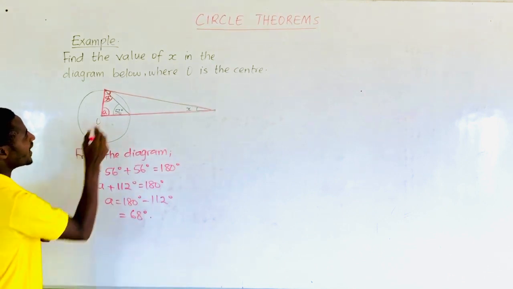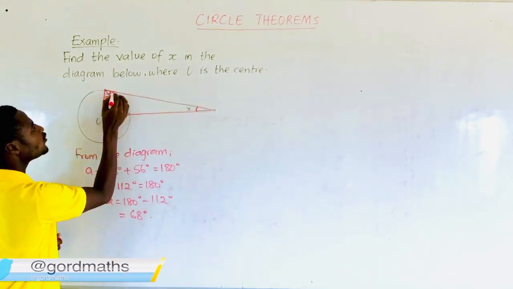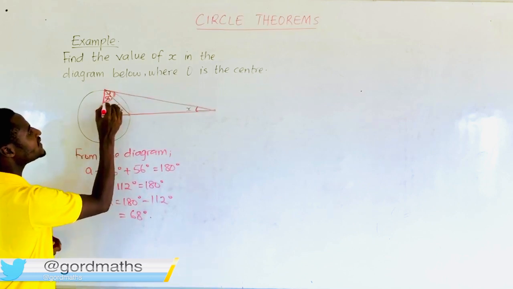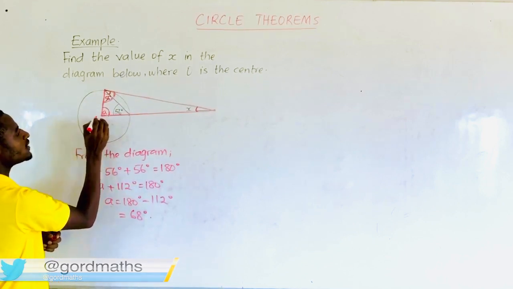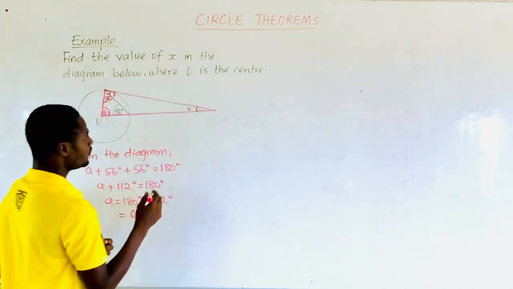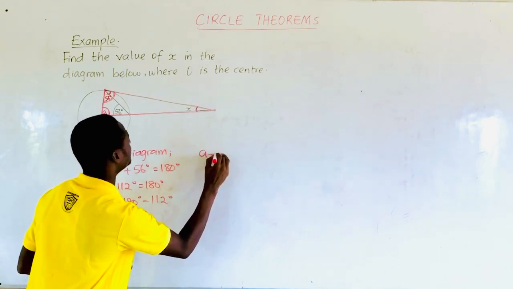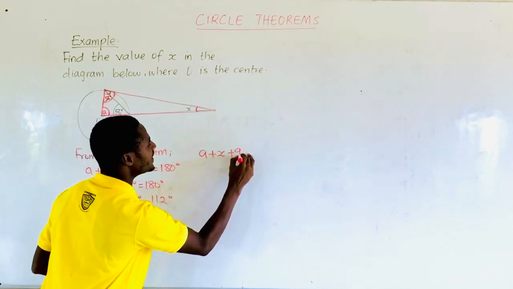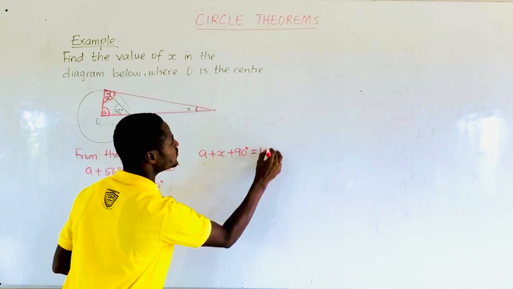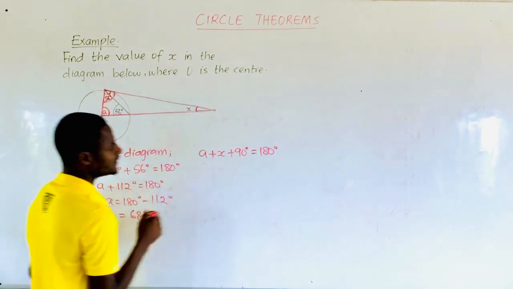The angles are A, x, and then the total angle here, which is 90 degrees, the angle formed when the radius and the tangent meet. And so we would also say that A plus x plus 90 degrees is equal to 180 degrees, the sum of angles inside a triangle.